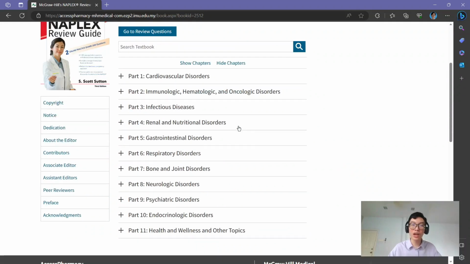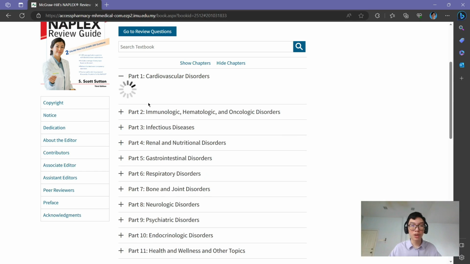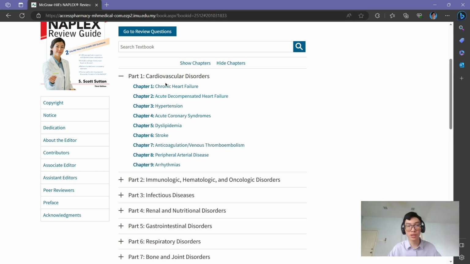The book covers a lot of the topics that might be tested in the examinations. The chapters are organized by parts, and the parts are related to particular organs or systems. Let's go to part 1, cardiovascular disorders.